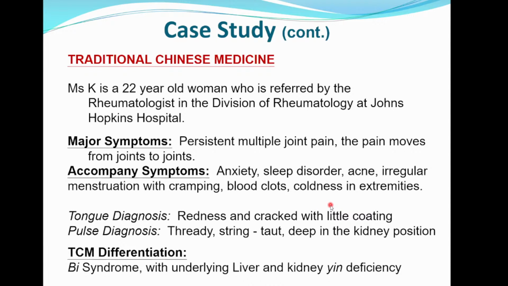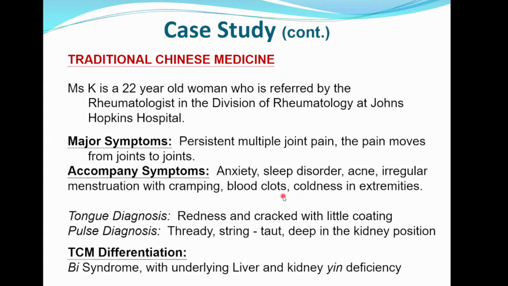She feels coldness in hands and feet. The tongue is very red with little coating. The pulse diagnosis was thready and string taut, deep in the kidney position. My differentiation was Bi syndrome, the wandering Bi, where the pain moves from place to place, with an underlying liver and kidney deficiency.